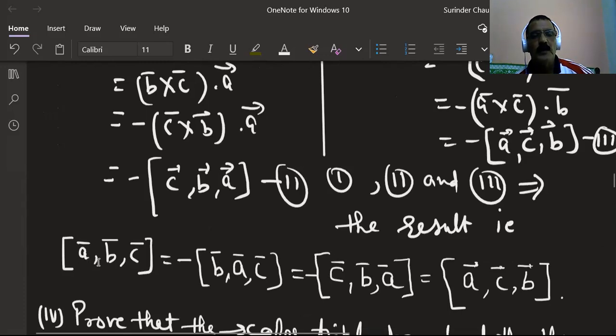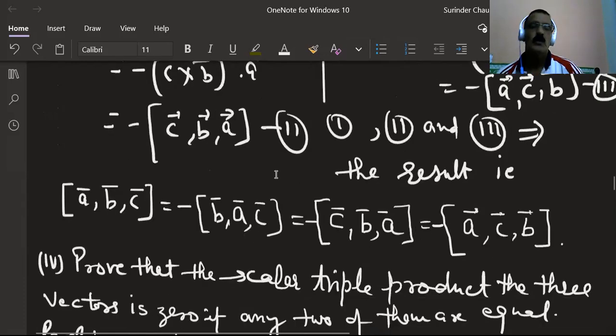From the first, second, and third, it implies that the scalar product [A B C] is equal to minus of the scalar product [B A C], is equal to minus of the scalar product [C B A], is equal to minus of the scalar product [A C B]. This means if the order of the vectors in the cyclic triple product is changed, then the magnitude remains the same, but the sign changes.